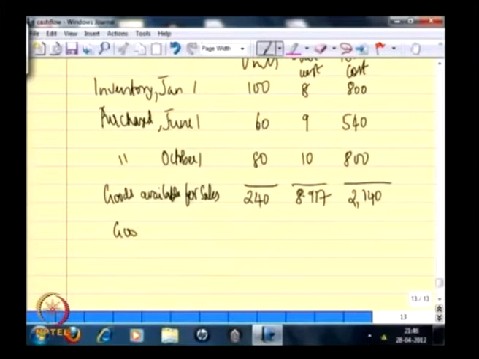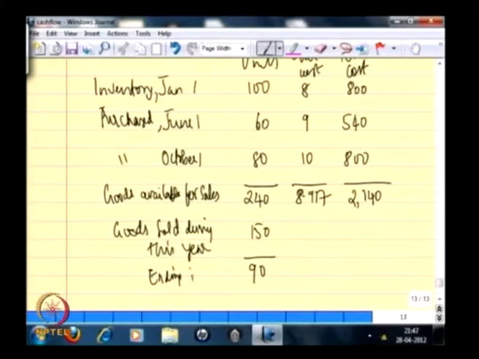Let us say during this year, goods sold, suppose I sell 150 units, which means my ending inventory is 90.